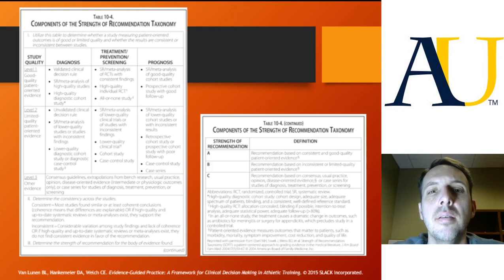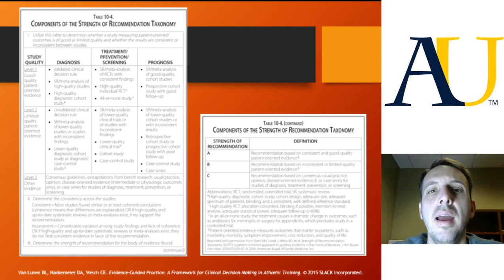So specifically, are they measuring things like patient outcomes or things that are relevant to the patient? If not, then it would go immediately to level 3. Examples of this would be more like functional outcomes compared to basic science.